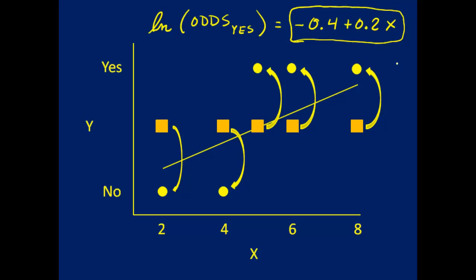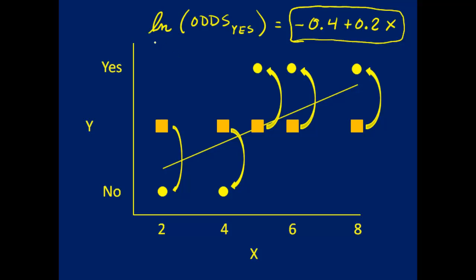And I'm not going to go into in this video the reasons why the model has this structure. If you're interested in that level of detail, you can look in any logistic regression textbook, and it will usually describe this in the first or second chapter. All we really want to know here is the structure of the model so that we can use it in our research.